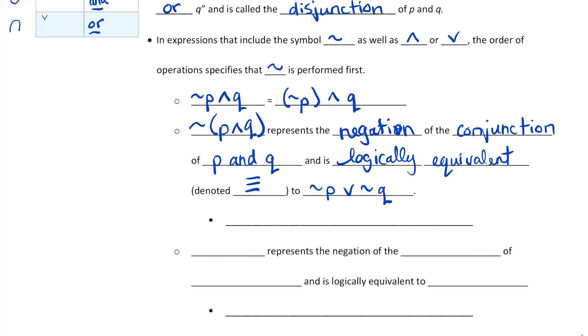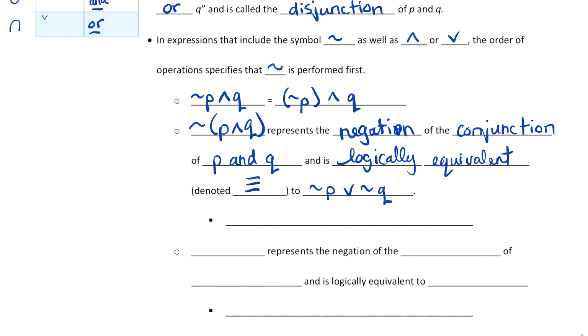So we're conjoining the statement that Shannon had bacon for breakfast and Shannon had eggs for breakfast. I think I said it backwards. Anyway, long story short, this ends up being logically equivalent to not P or not Q, because in order for the conjunction of P and Q to be true, they both have to be true.